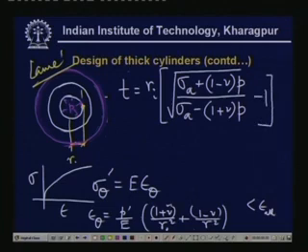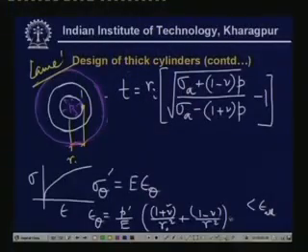So this is the result from Bernoulli's equations, and this is based on the maximum strain, that is the maximum strain within the cylinder. Now this is very important to design a long cylinder which is subjected to internal pressure and which is made of ductile material, but remember that this cylinder is open ended.